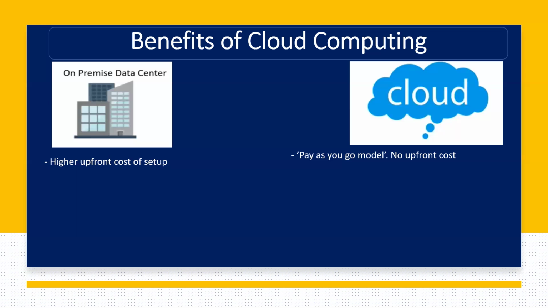Later, if you want to increase the resource count, again you can pay, purchase the new resources, and start to use them. The same with storage. If you want to extend, you can extend very easily. You can pay and extend the storage. It's a scalable feature. If you want to reduce, you can reduce it.